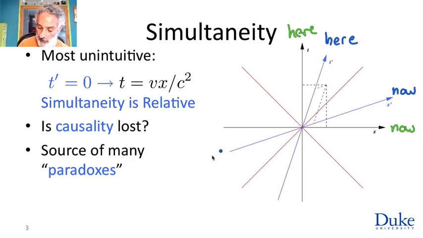When I say now, these are all of the events in the history of the universe that each observer imagines to have occurred simultaneously with, in this case, their meeting, because that's how we set t and t prime to 0: they both started their watches at the moment when they met. And so this violation of simultaneity is the cause of much, much, much confusion and many paradoxes.